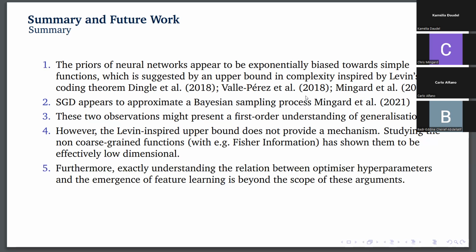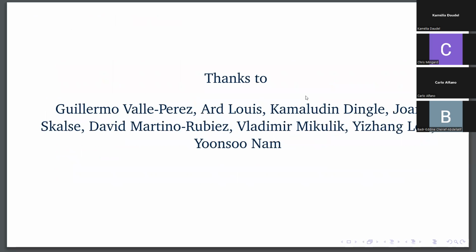And then finally, understanding the relation between optimizer hyperparameters and the emergence of feature learning, and its importance layered over the top of these very general arguments, is very much something we're looking into. But these arguments don't actually answer that. And yeah, that's it. Thanks to all of these people who worked either with me or on the arguments before I came into this group.